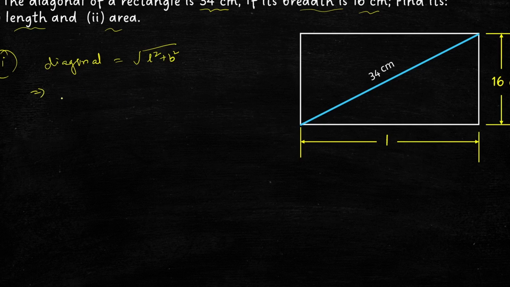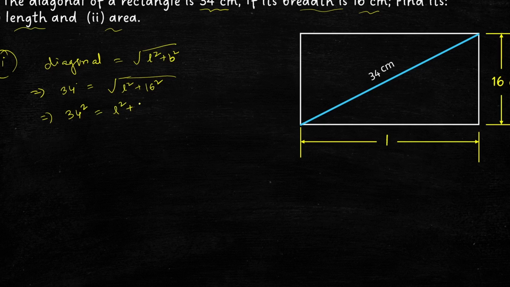So diagonal is equal to 34 is equal to root over L square plus B is equal to 16 centimeter square. So if we square on both the sides, 34 square is equal to L square plus 16 square.